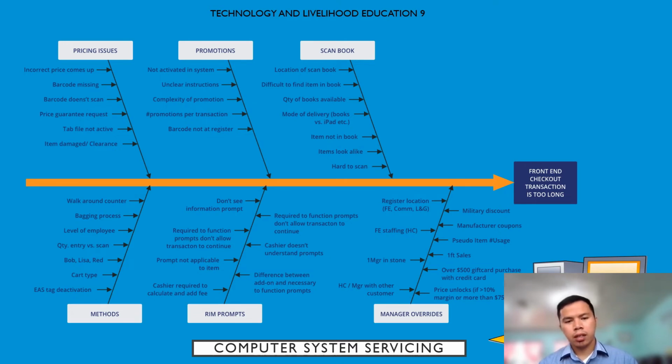And you can see in this diagram that we have the RIM prompts and the manager overrides, which cause most of the long transaction time in the front-end checkout. So this tool is very helpful to identify the causes and the root causes of a problem.